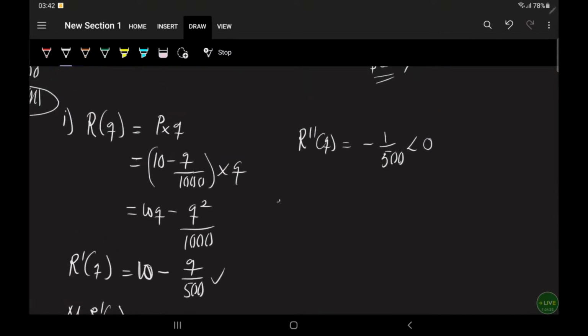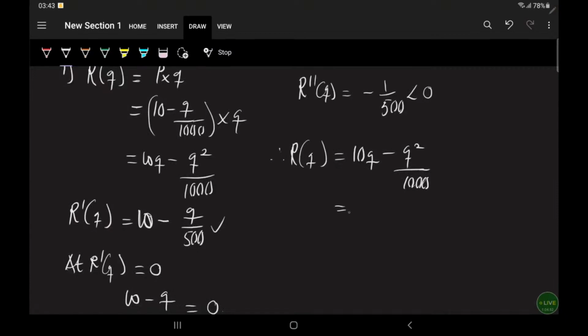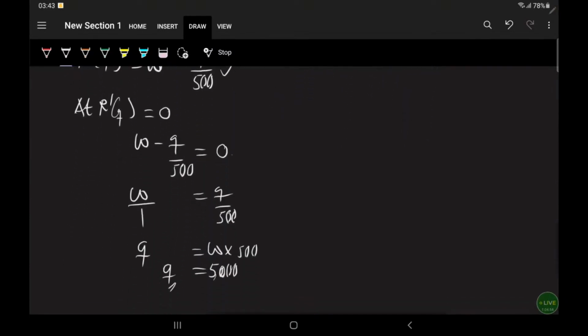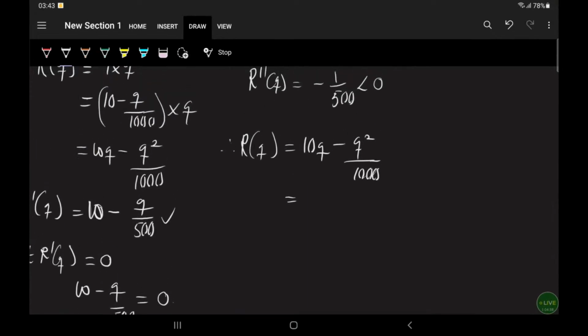So therefore, to find our maximum revenue, we're going to quote our revenue function again. The original revenue function is 10q minus q squared over 1000. For you to find your maximum revenue, all that you need to do is substitute the 5,000 that we achieved as the production level into the original revenue function, and then you get your maximum revenue.